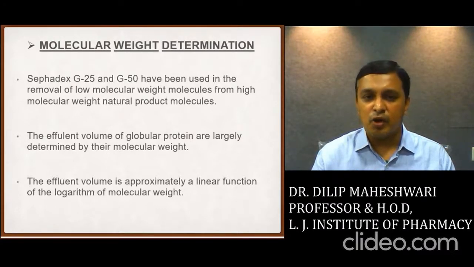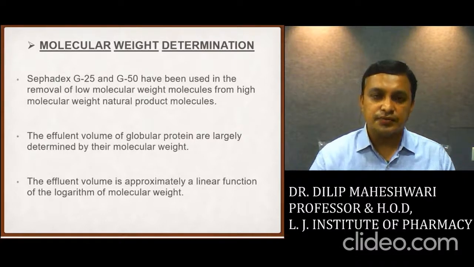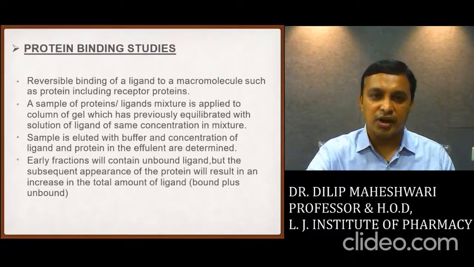The effluent volume of globular proteins is largely determined by their molecular weight. The effluent volume is approximately a linear function of the logarithm of the molecular weight of the compounds. So on that basis, the molecular weight of compounds can be determined by this chromatography.